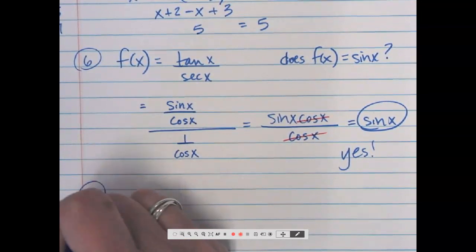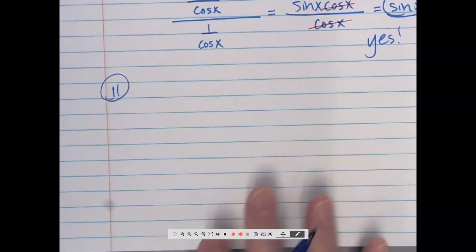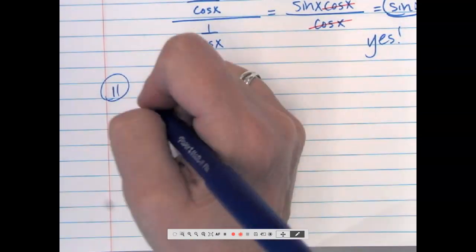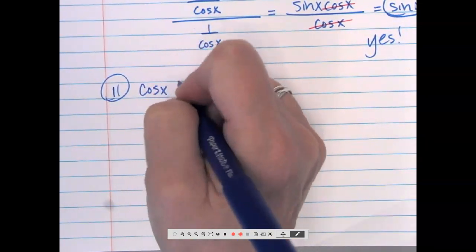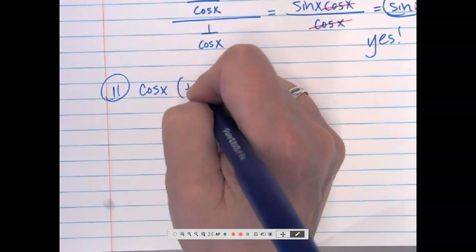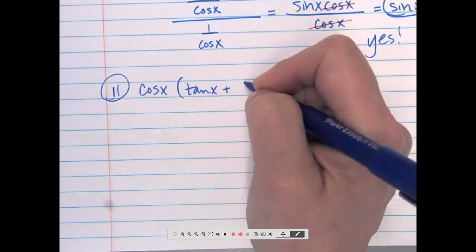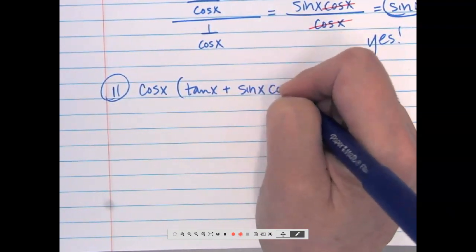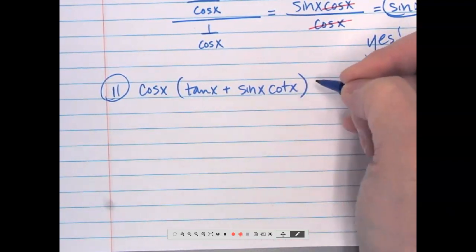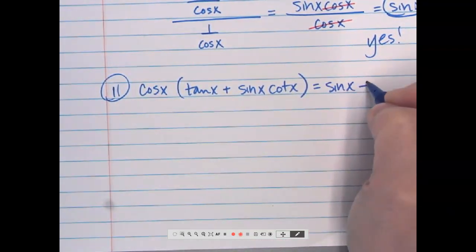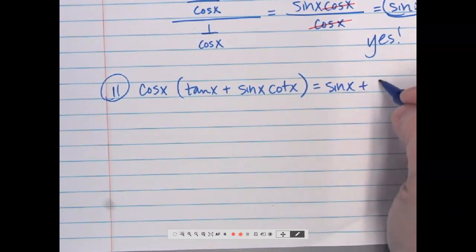And if you haven't done 12 then, I'll let you tackle that next on your own. Okay, cosine times tangent plus sine cotangent equals sine plus cosine squared.